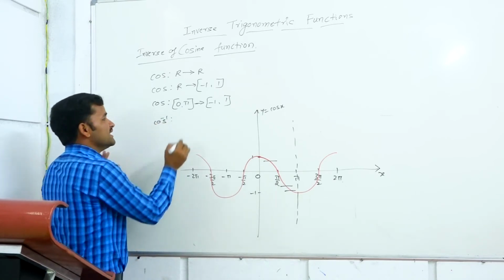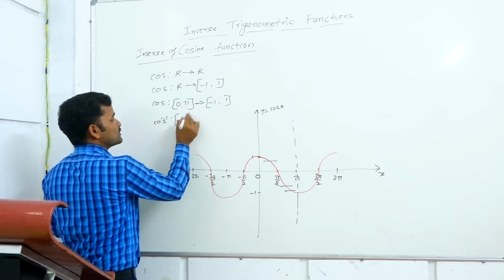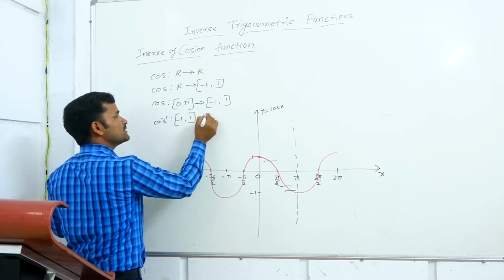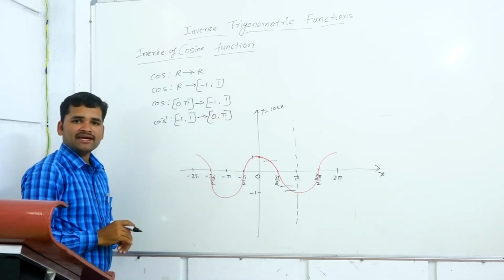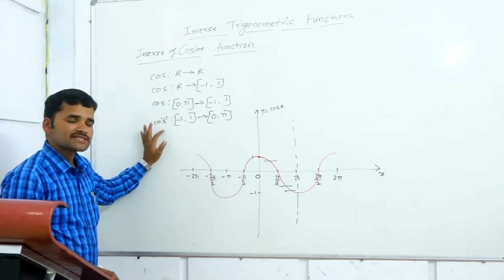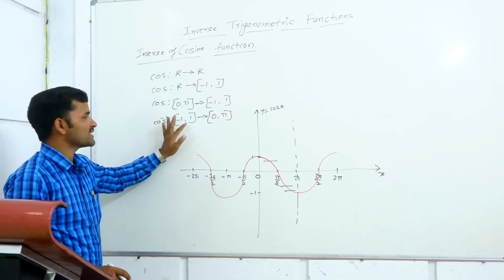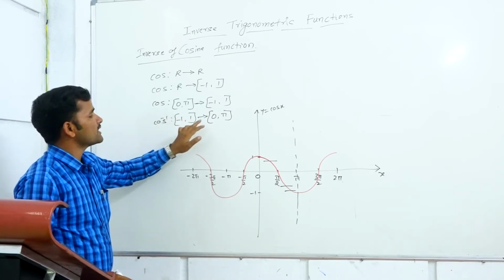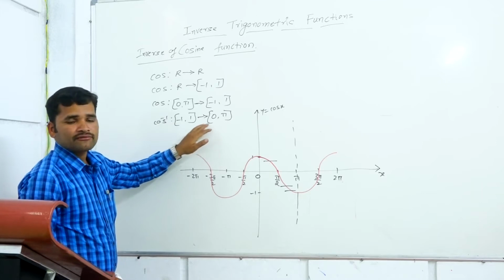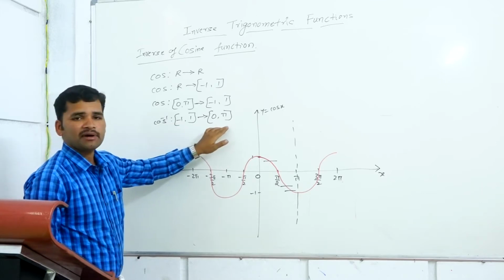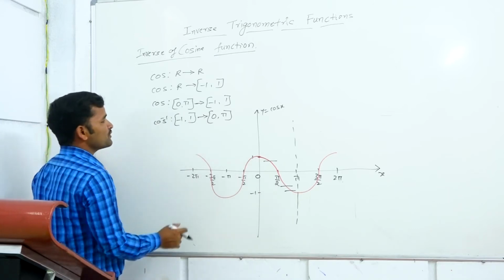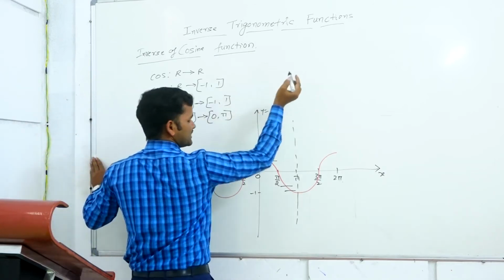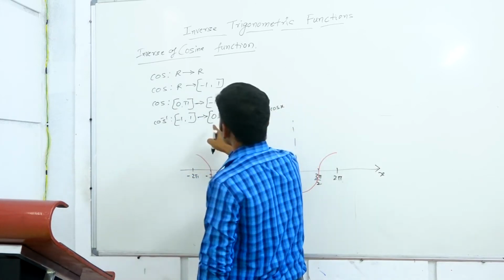It maps from the closed interval minus 1 to 1 to the closed interval 0 to pi, where the domain of cos inverse is the closed interval minus 1 to plus 1 and the codomain of cos inverse is 0 to pi. Codomain is nothing but the range here. Therefore, the range of cos inverse of x is 0 to pi.